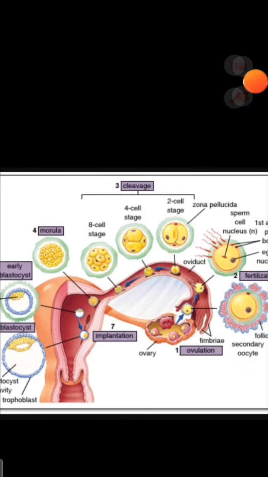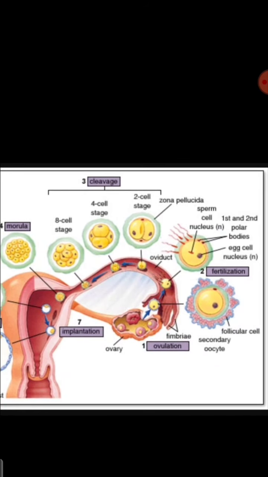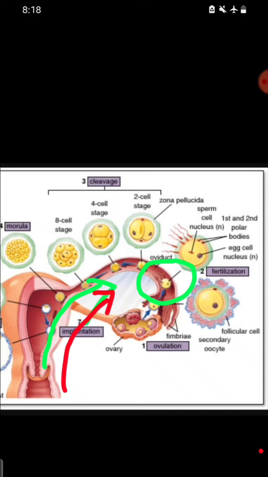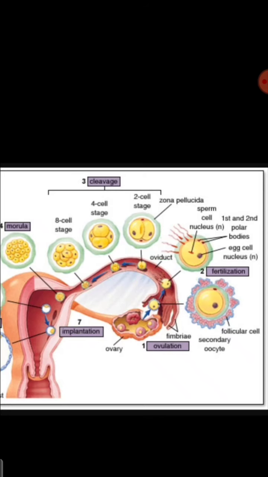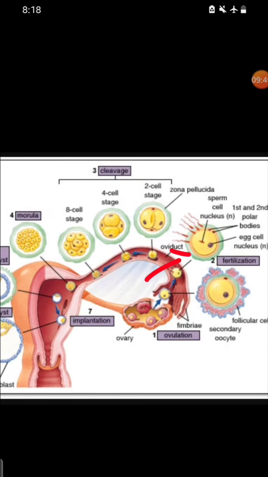So, see here. First the ovulation will occur, so the ovary releases the ovum. It will go and enter the fallopian tube region. At the same time the sperm has to enter, right? The sperm also has to travel this way, and here you can see fertilization takes place.